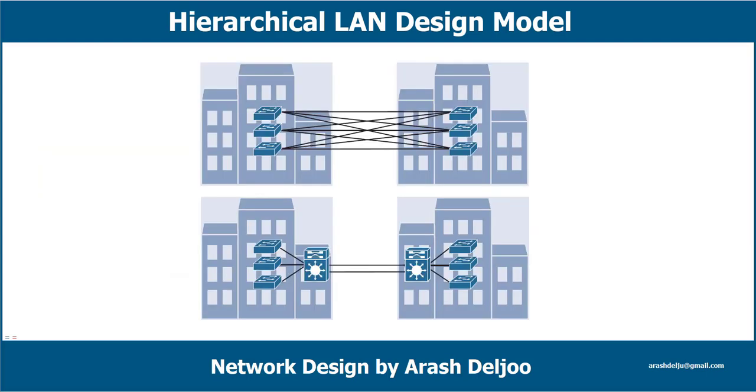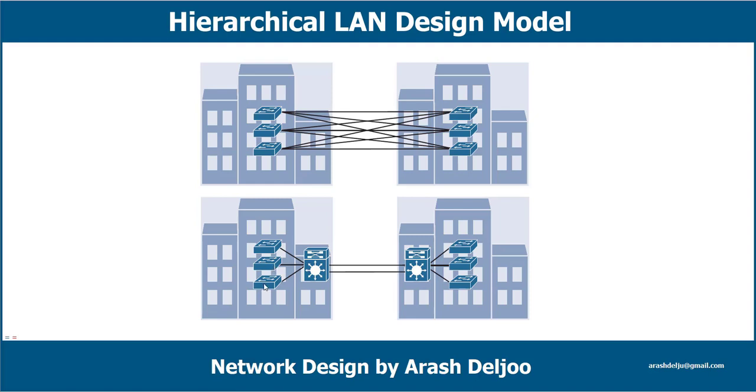One of the other functions of the distribution layer switch is reducing the number of fiber links between, for example, multiple buildings. Look at here. Assume that in the left building, in this picture, we have 3 switches, and also in the right building we have 3 switches. If you want to connect these switches directly to each other, you need multiple fiber links. But you can use a distribution layer switch.